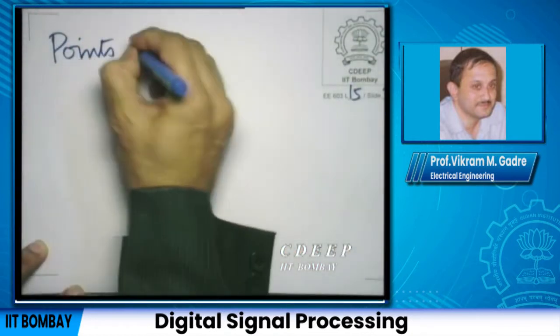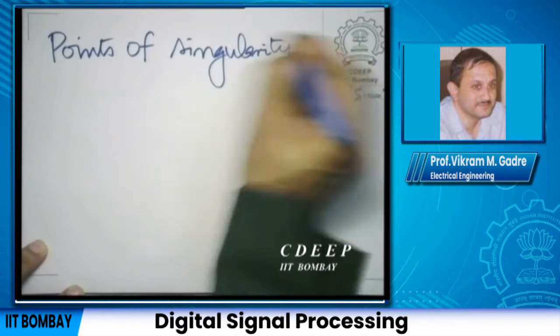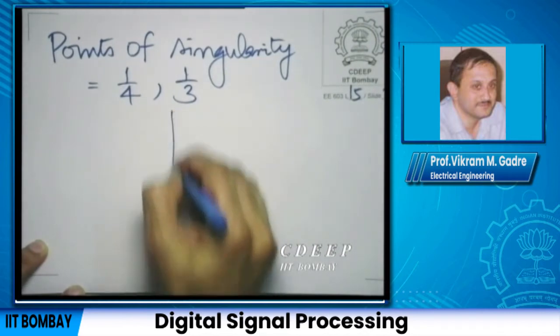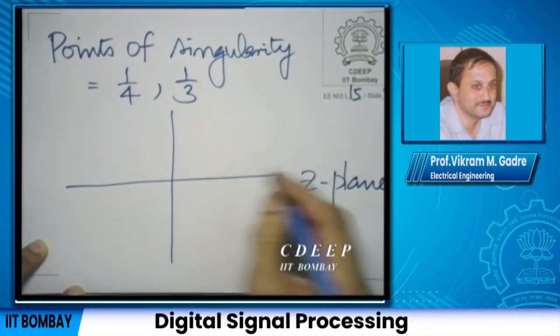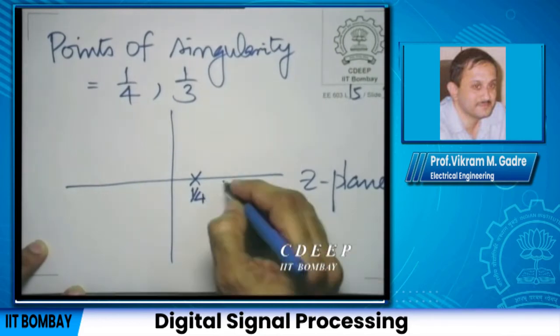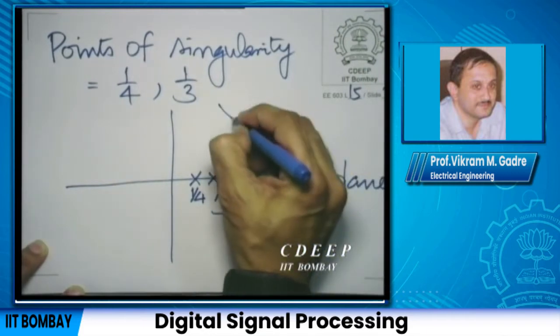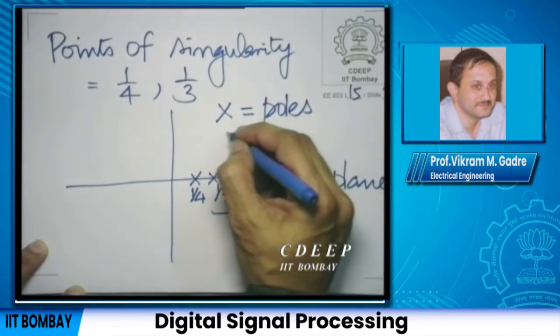So, we have the points of singularity to be 1/4 and 1/3. Let us mark them in the Z plane. You know, we will use the following convention now. We will use crosses to denote the poles. Recall that the poles are the points where the denominator becomes 0.